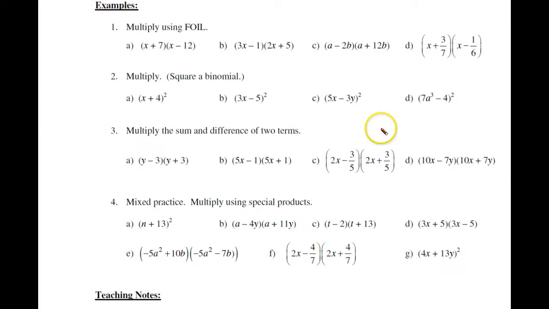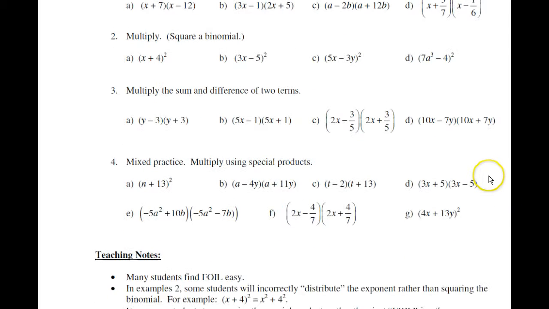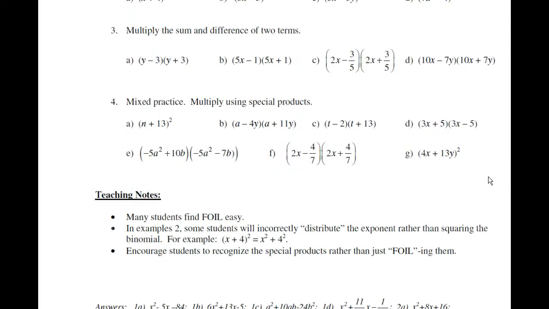Okay, we're now going on to another kind of special product. And this one is where we have two terms in two sets of binomials that are exactly the same. What's here and what's here are the same. Here and here. The terms are the same, but what's different is the signs between them.